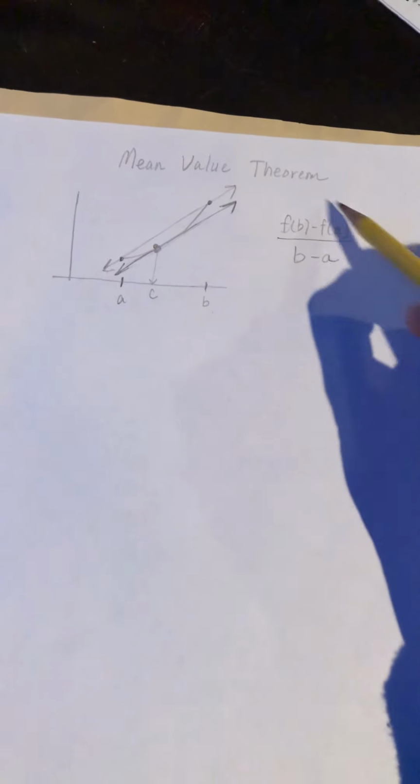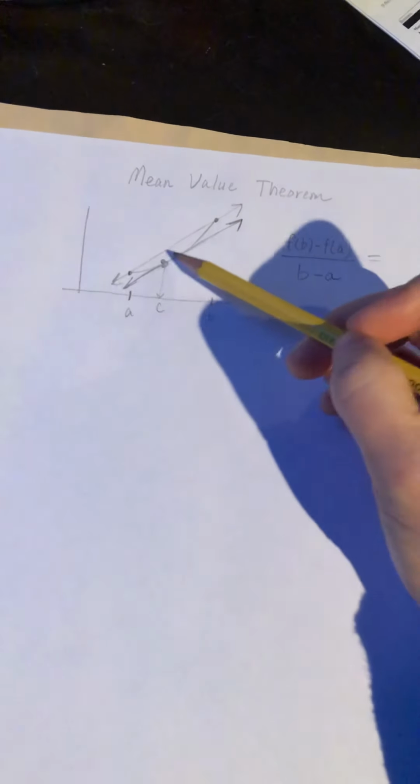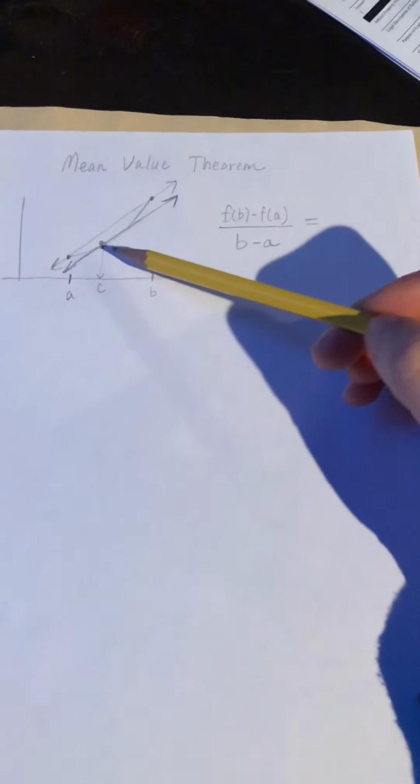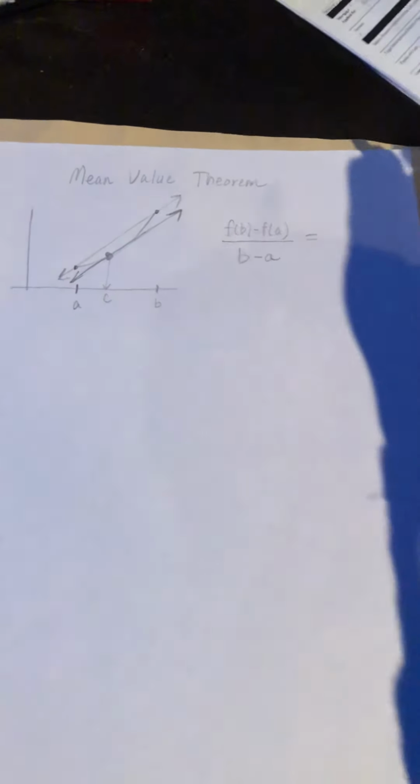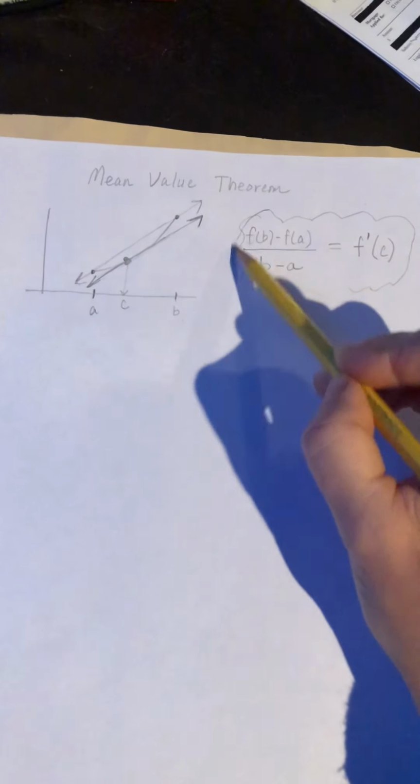So this slope of the secant line is equal to the slope of this tangent line. And being that it is a tangent line and we're talking about the slope, we are talking about a derivative, right? So we're going to represent the slope of this tangent line as f prime of c, right? The slope of the tangent line at the x value c. And there you have it. There's your formula for the mean value theorem.